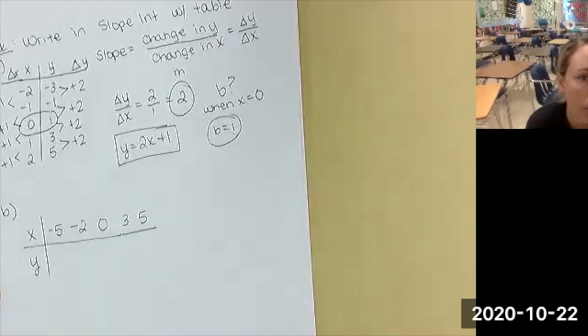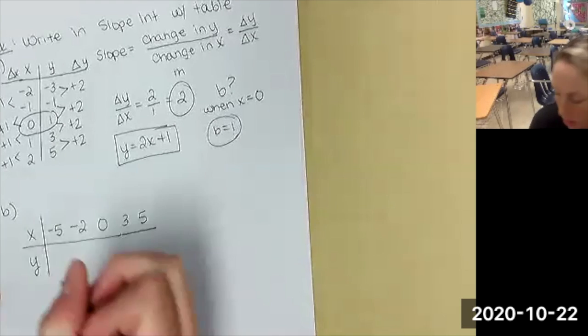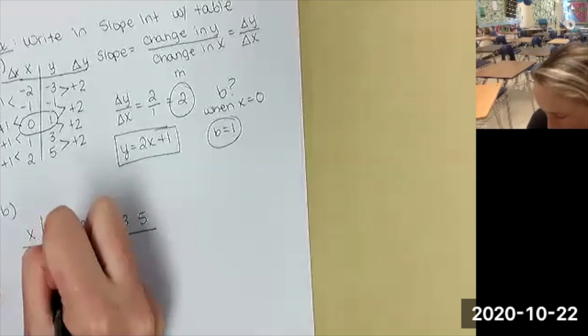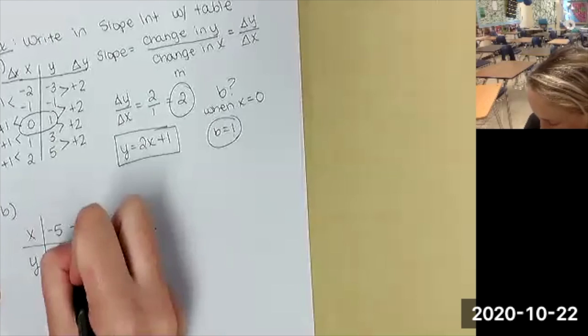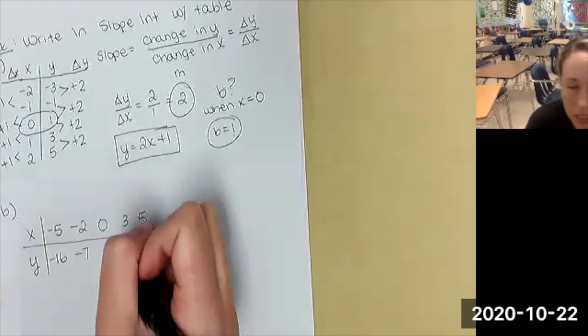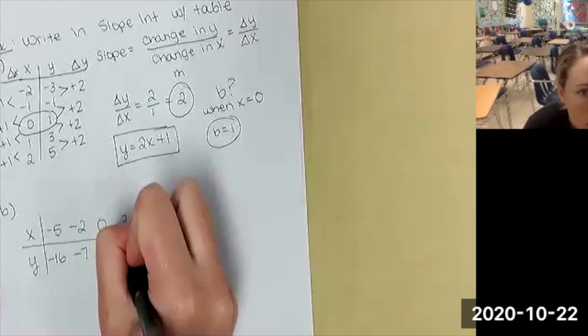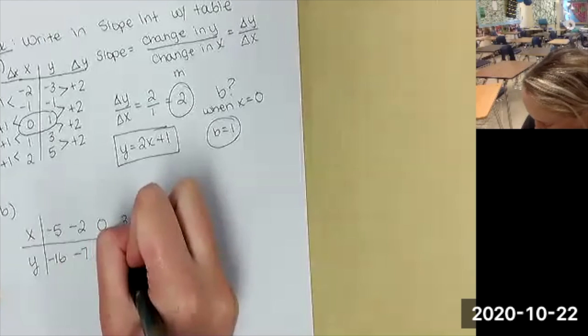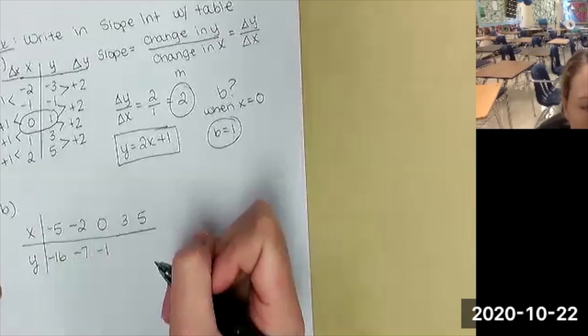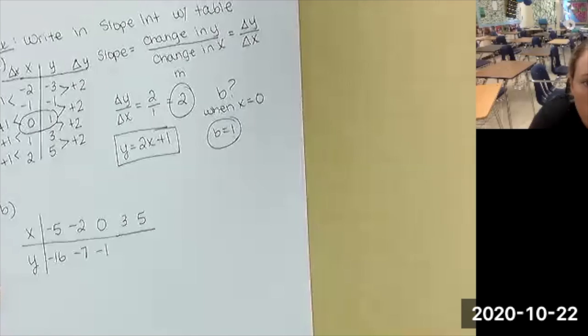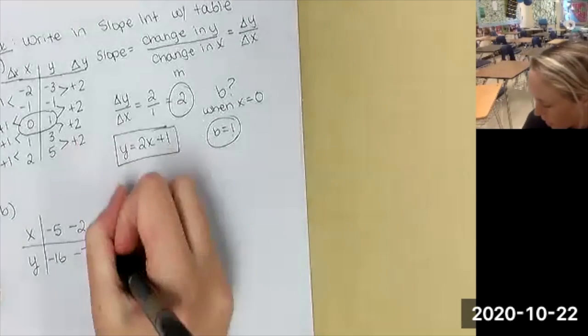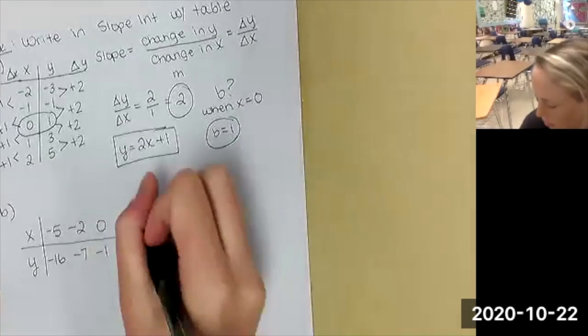And then on the bottom for our y's, we've got -16, -7, -1, 6. Wait, what does that say? Let me zoom in. Hold on. Old people eyes. Can't tell if that's an 8. Okay. 8 and then 14.